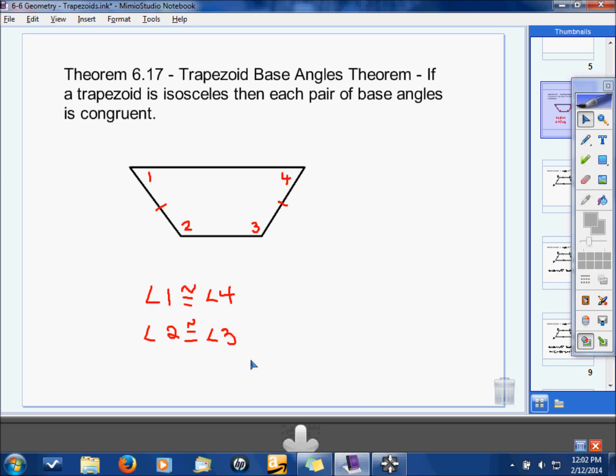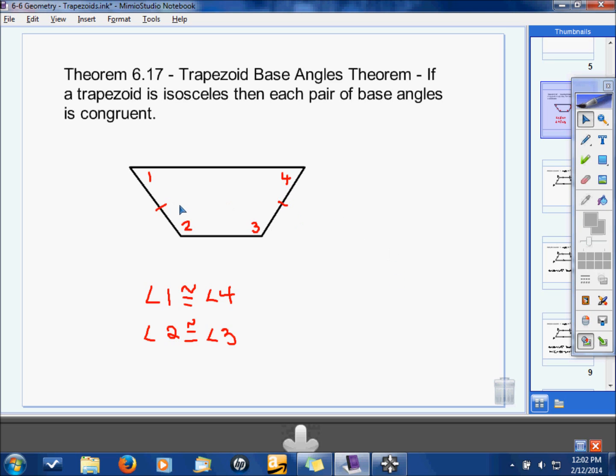Angle 1 is congruent to 4 and angle 2 is congruent to 3. Remember, they go together as long as they're part of the same base. So 1 is congruent to 4, 2 congruent to 3. And that's only true if it's isosceles. If it's not isosceles, then that doesn't work.